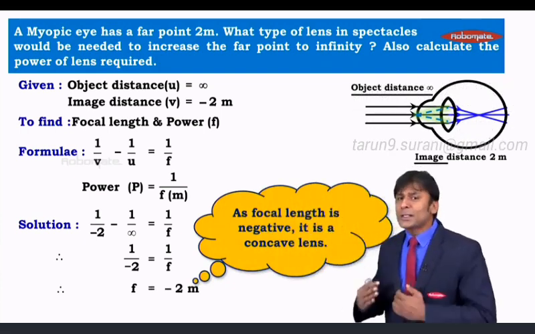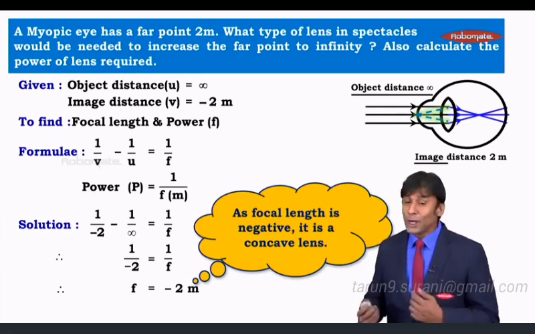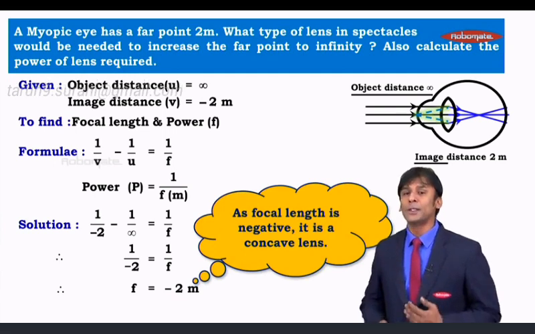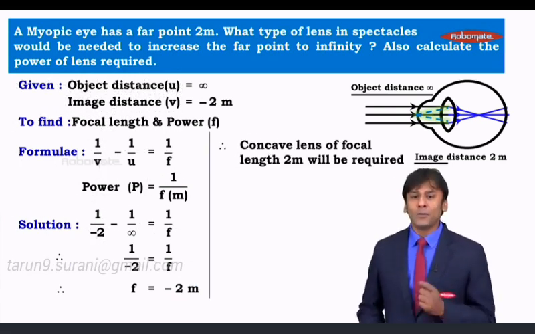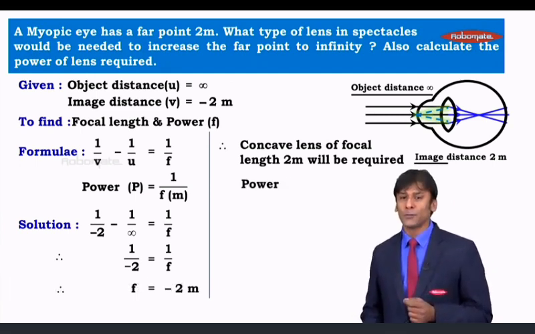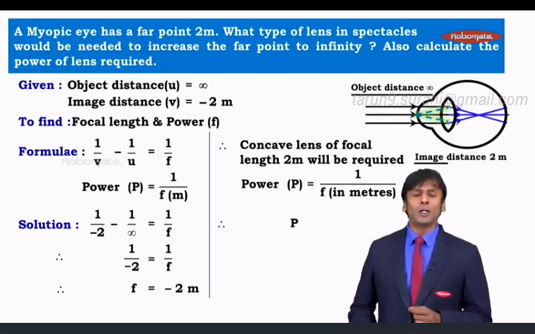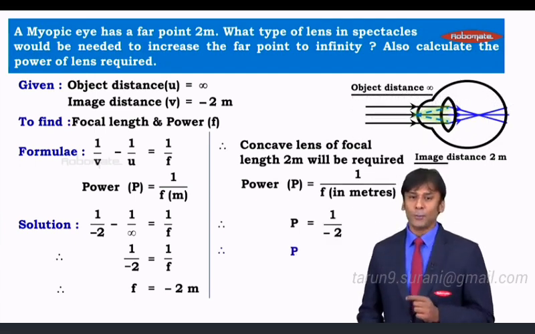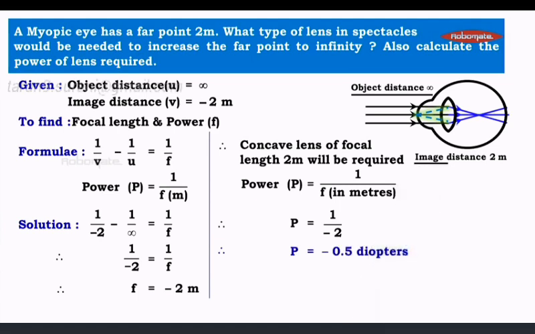Now as focal length is negative, it is a concave lens. So we understood that once again the lens that will be required for a myopic person is a concave lens. Let's go further and find the power. To find the power, a concave lens of focal length 2 meters will be required. So power is equal to 1 upon f. This will be equal to 1 upon minus 2, and 1 upon minus 2 is nothing but equal to minus 0.5 diopter.